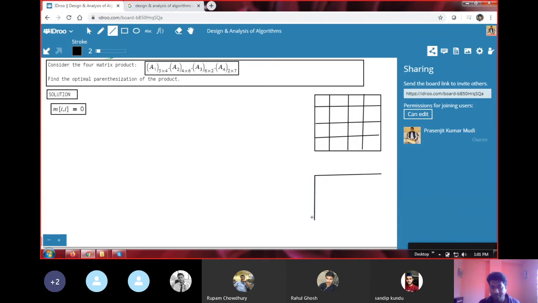For M and S we want to keep a bookkeeping record, and after filling this table we can find out the optimal parenthesization. At any moment, if you have any doubt, please ask. It will not be a difficult thing to understand. Everything is easy to understand. Okay, so this is your M.